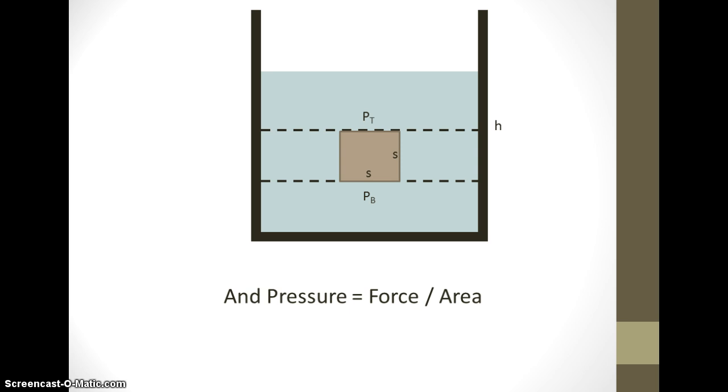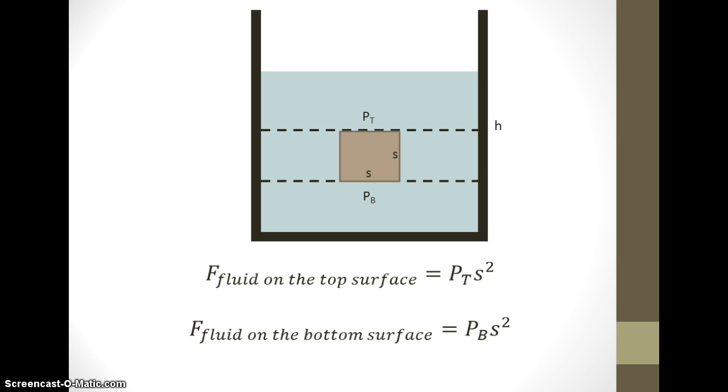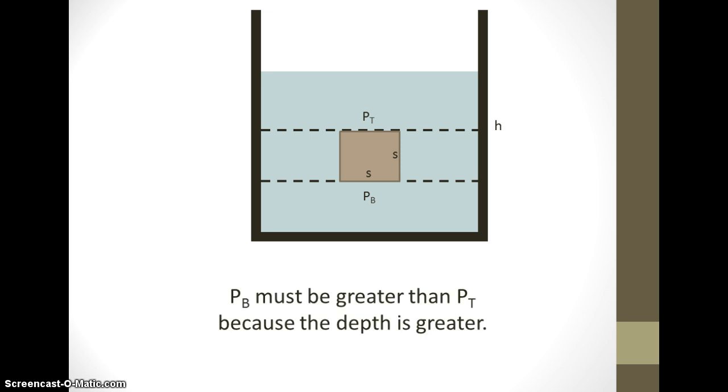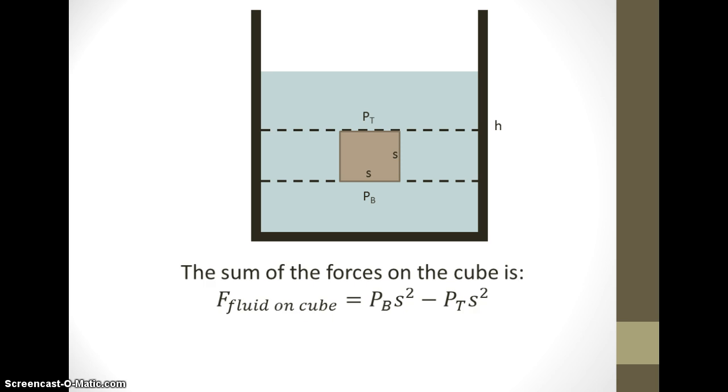So the force that the fluid exerts on the top surface is given by the pressure at the top times the area, which is s squared. And the equivalent for the force the fluid exerts on the bottom surface is the pressure at the bottom times the area. We know that the pressure at the bottom of the cube has to be greater than the pressure at the top of the cube because the depth is greater.